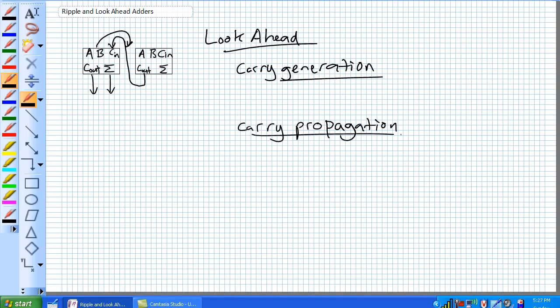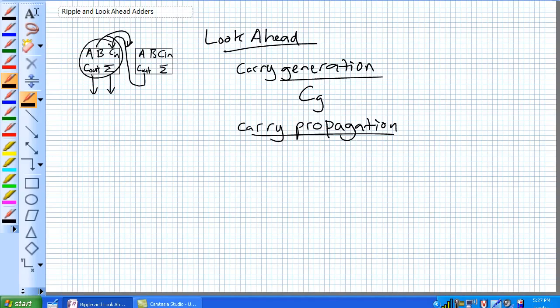Carry propagation, carry generation. So first off, carry generation. The carry out can be generated internally by the full adder. This occurs when A and B are both 1. So that's basically carry generation. CG, the generated carry, is produced internally to this stage. We're talking about this adder.